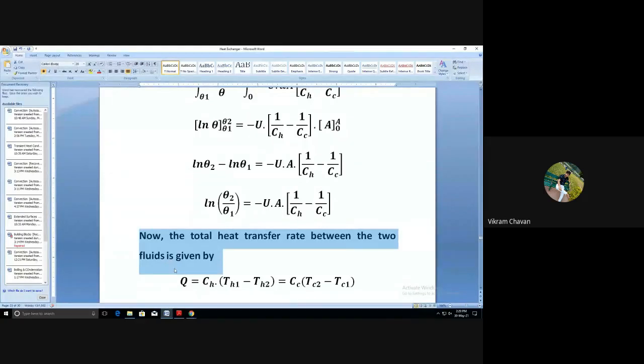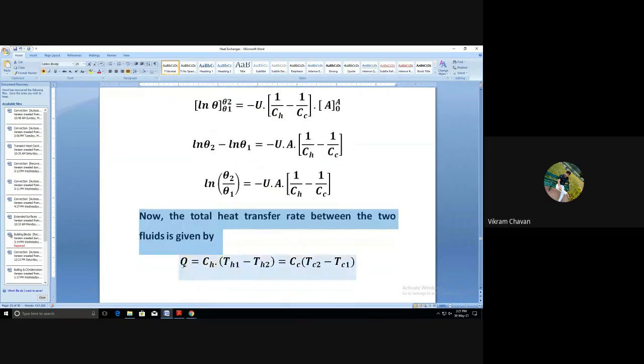So the total heat transfer rate between the two fluids is given by Q is equal to Ch multiplied by Th1 minus Th2.